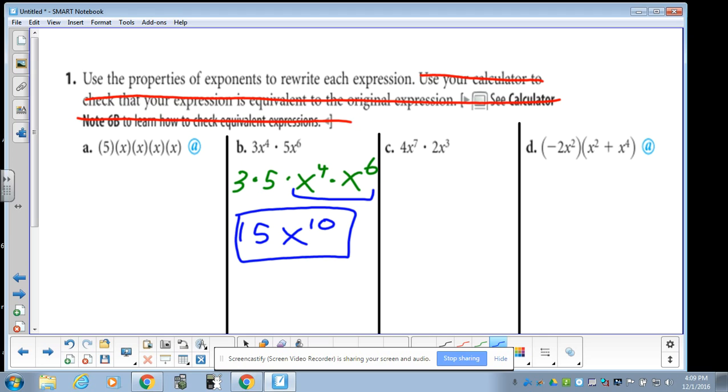Let's move on to 1b. This one's a little bit different since we have to use what's called the distributive property. Now, I taught you these properties before, not on the video, but we did learn these properties. And so we use the distributive property. We multiply this quantity here by x to the 2nd, and we multiply by x to the 4th. Let's rewrite that out.